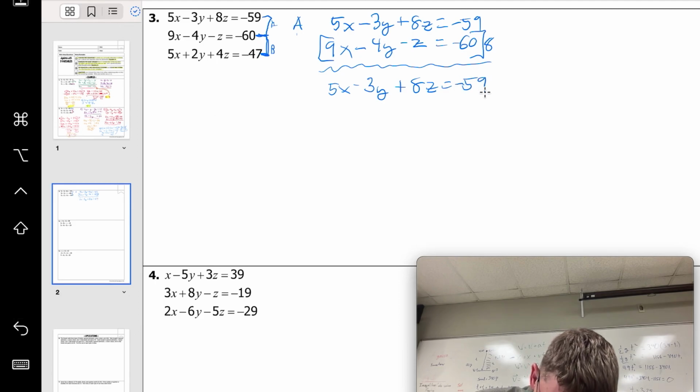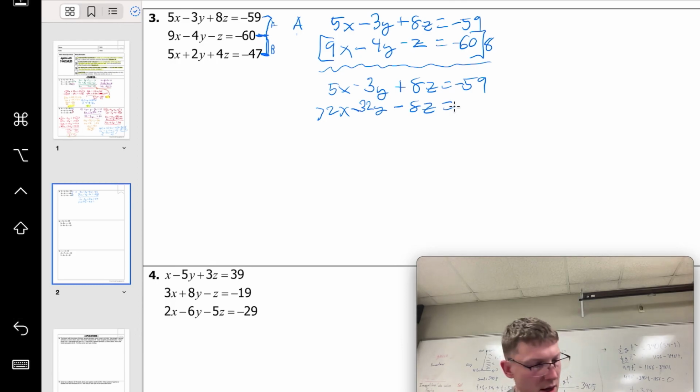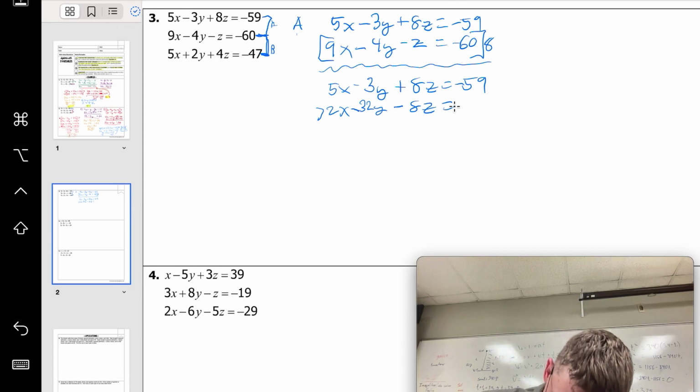Then 8 times 9 is 72x. 8 times negative 4 is negative 32y. 8 times negative z is negative 8z. And then 8 times negative 60 is negative 480.